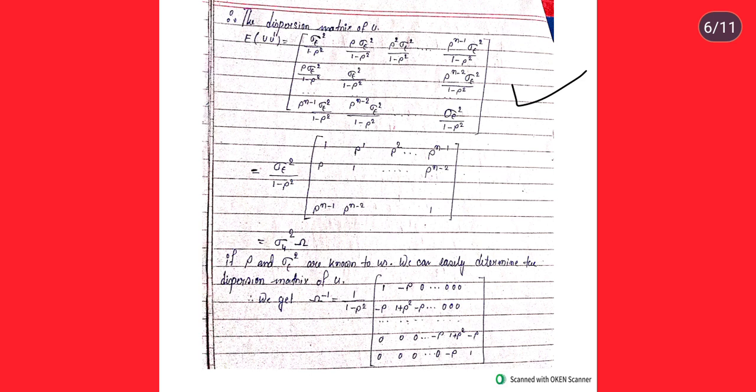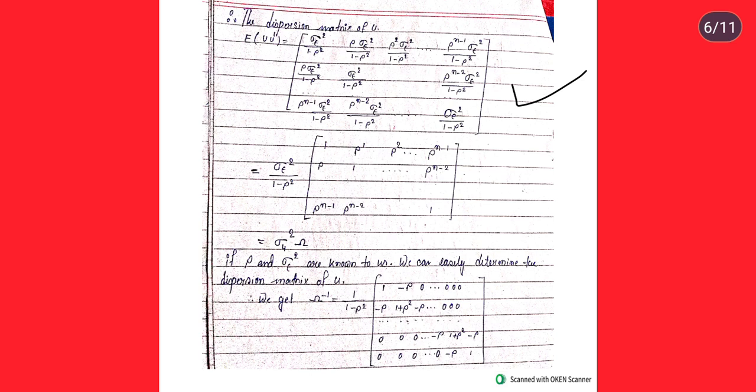If rho and sigma u squared are known to us, we can easily determine the dispersion matrix of u. And omega inverse is equal to 1 by 1 minus rho squared multiplied with the matrix: 1, minus rho, and the rest of the values 0. In the second row, minus rho, 1 plus rho squared, minus rho, and the rest of the terms are 0.